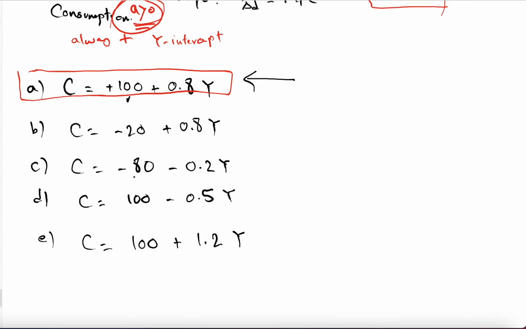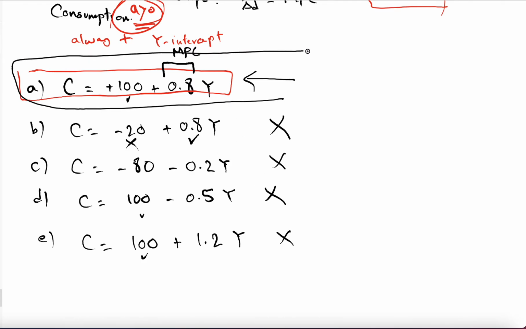And the marginal propensity to consume, or the slope, must be positive but less than 1. This one is positive but bigger than 1, so this is wrong. This is negative, wrong. This is negative, wrong. This is positive and less than 1, so this is okay, but this is not okay. So the only candidate could be this function.